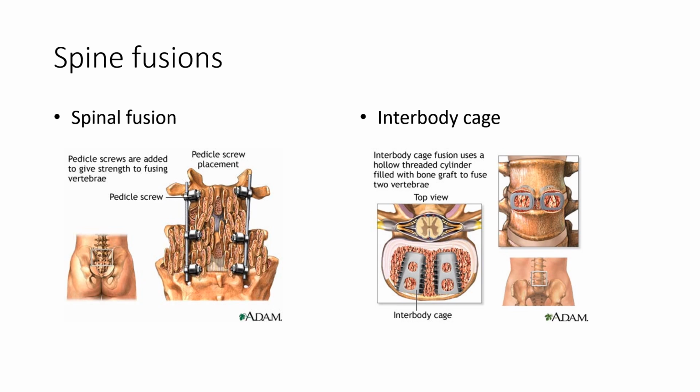An interbody cage is also a newer procedure where they implant a cage type appliance with a bone graft around the cage, and this fuses and prevents so much movement between the vertebrae.